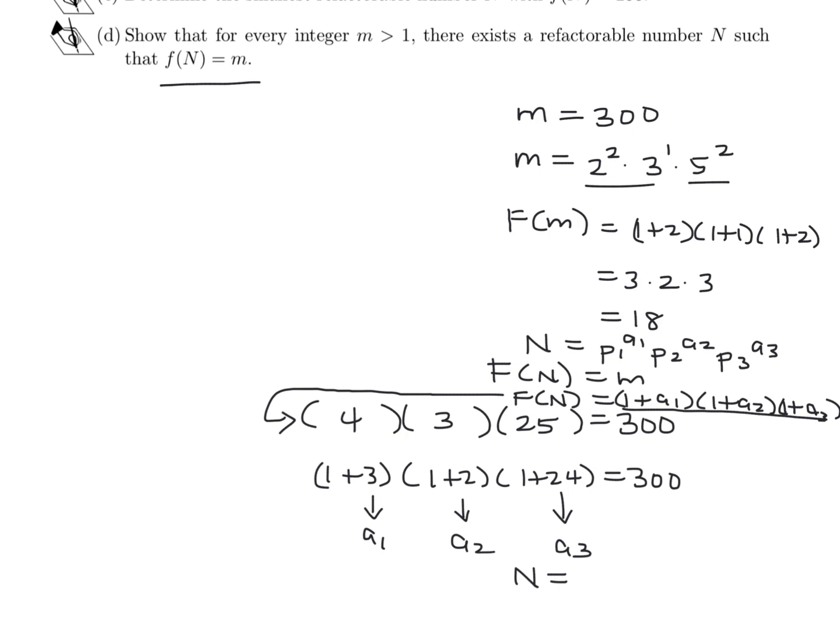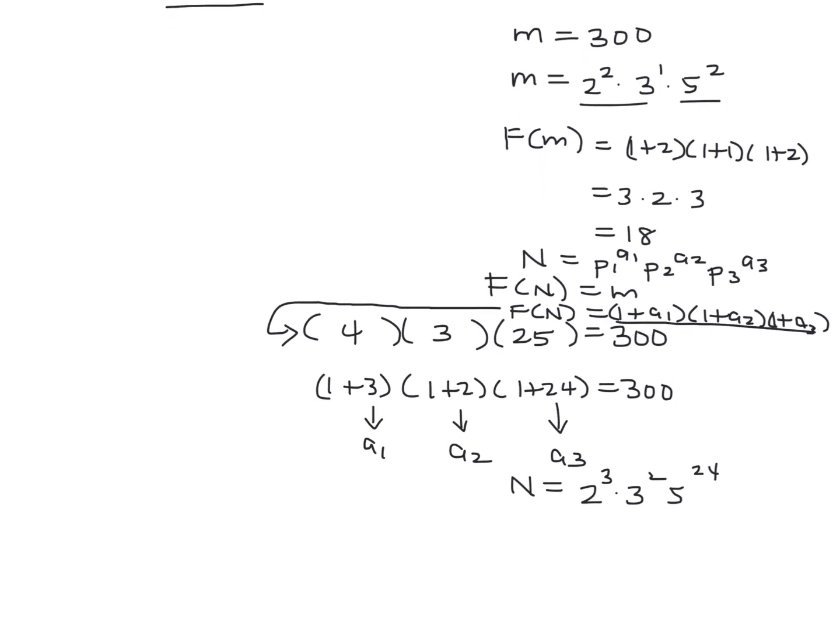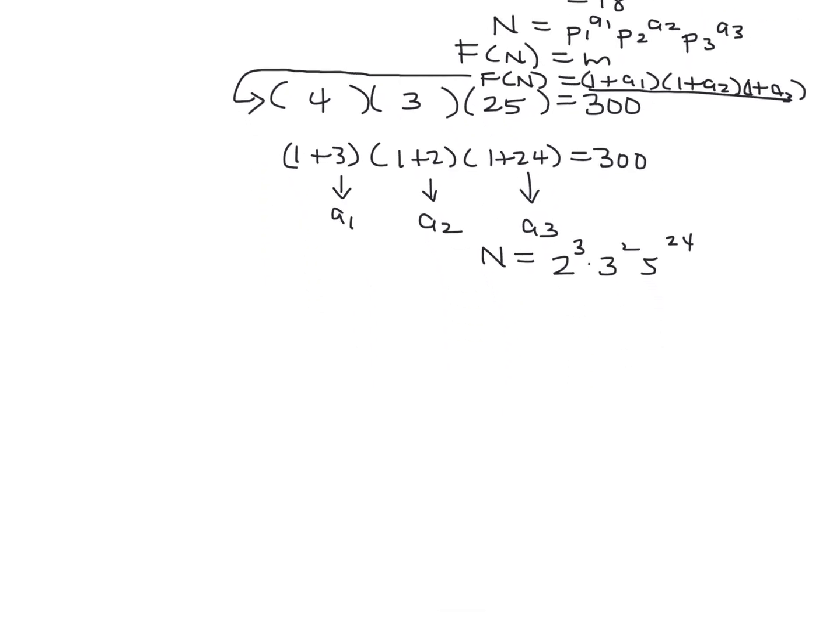So that means n would be, and you can use any prime numbers, I'm just going to use the same ones, 2 to the power of 3 times 3 to the power of 2 times 5 to the power of 24. Correct? Yeah, I think that's right. So let's figure out f at n again, just to double check.